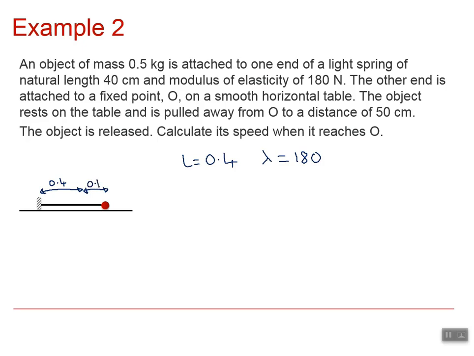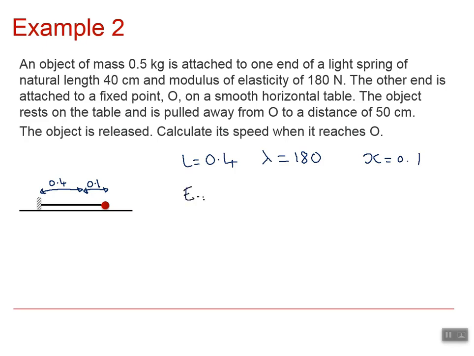So our extension is 10 centimetres or 0.1 metres. The object is then released and we want to calculate its speed when it reaches O. So we've got L is 0.4, lambda is 180, x is 0.1.